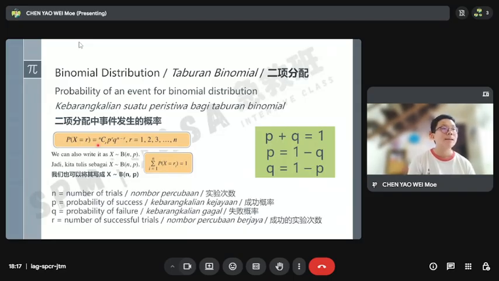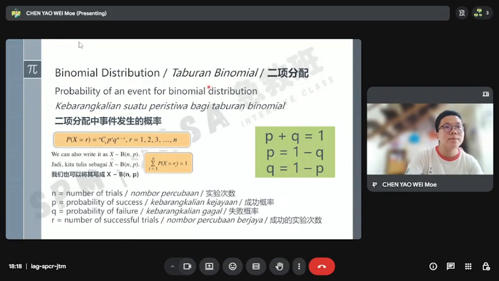And we can represent this as X ~ B(n, p), where B is the binomial. So p plus q equals 1. The whole probability equals 1. p equals 1 minus q, and q equals 1 minus p.